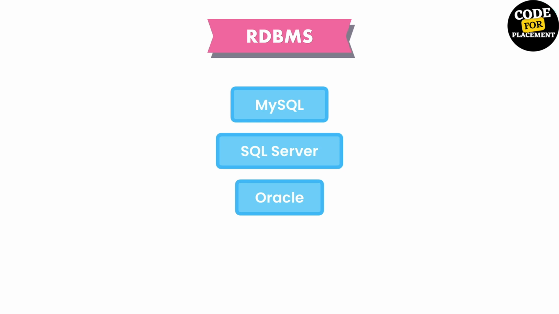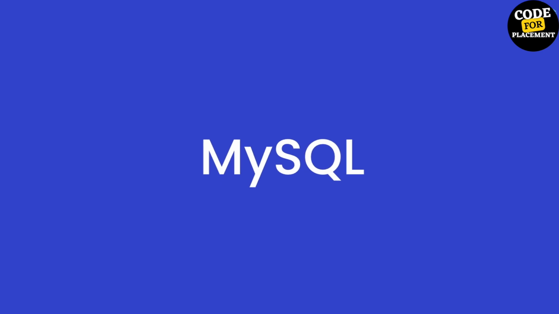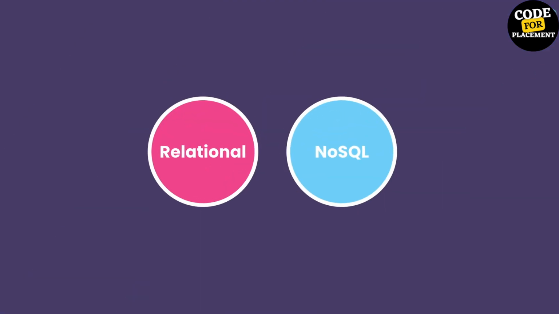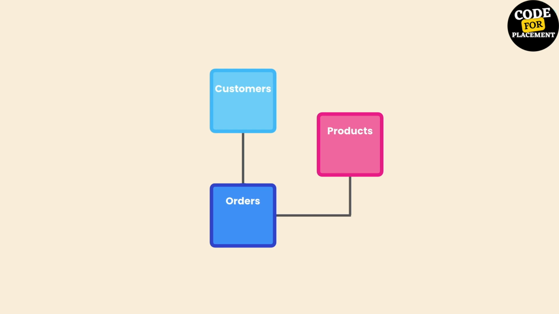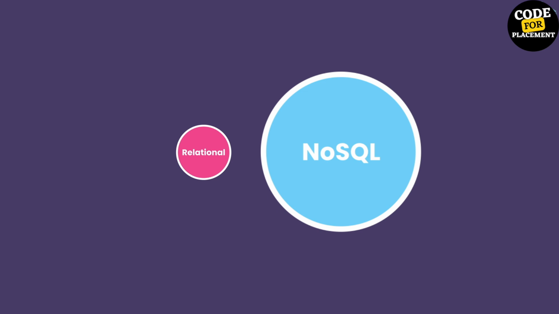So now let's talk about non-relational databases, or NoSQL. As we said at the start, we have two things: a relational database and a non-relational database. MySQL is used only for the relational database, and in non-relational, that is NoSQL, there is no relation between the tables, or they are not linked.